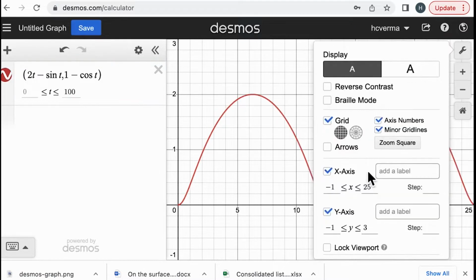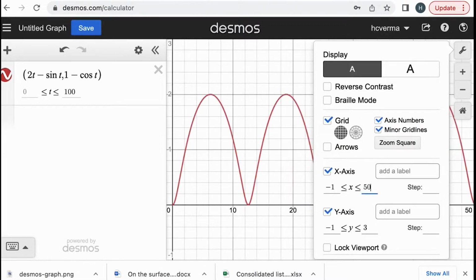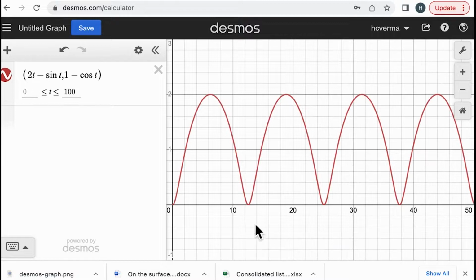Let us make it 100 t, and then it will be like this. You can adjust your x axis and see the loops. That is the kind of change you get when you give a small velocity to the particle.